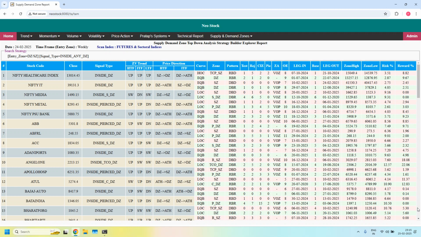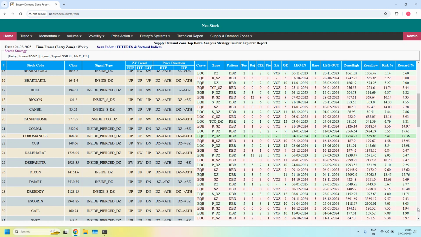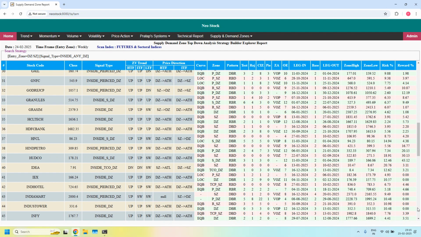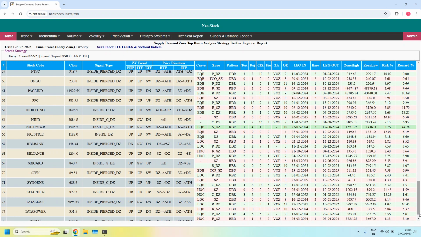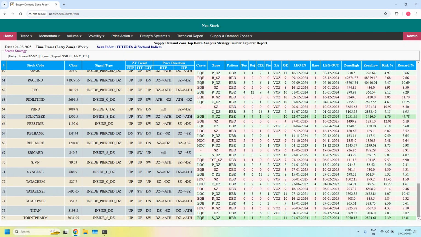I'm scrolling the list down. So total 76 stocks are filtered. Out of these 76, how many of these weekly demand zones are having weekly EMA Confluence?